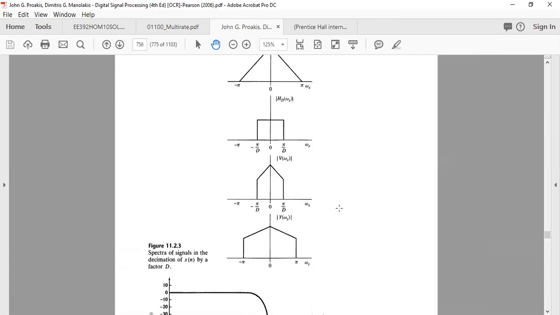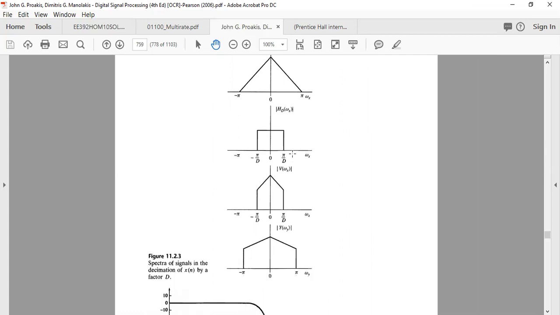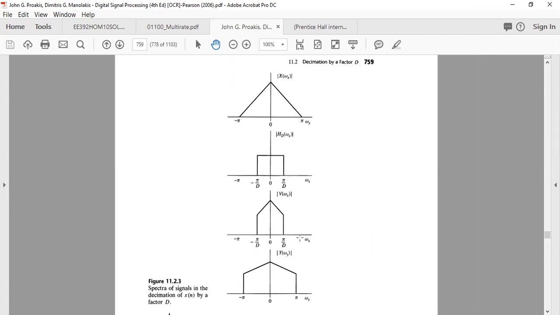If you have a signal x of omega, plotted in omega x, you pass it through a low pass filter. That signal will still be in the omega x domain. You filter that particular signal, so you're still dealing with the sampling rate of omega x, and you get an output that is still omega x.